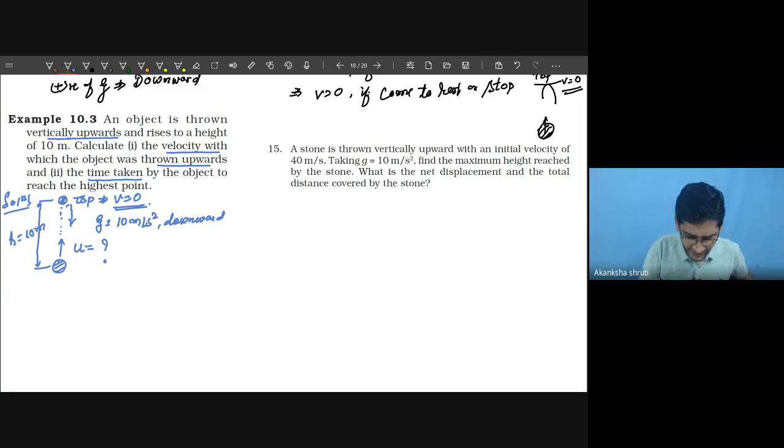So I may consider this was the initial time t is equal to 0 and it reaches at t. So this t is equal to how much?